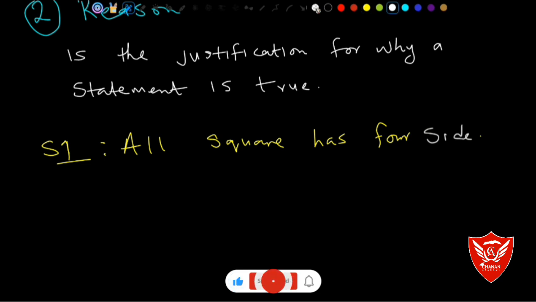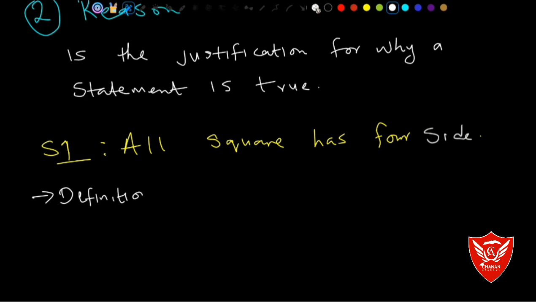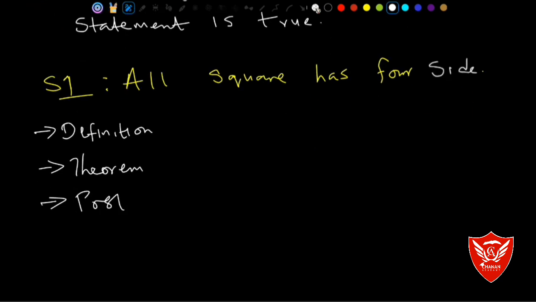Now, there must be a justification. The justification that this statement is correct can either be gotten from a definition, a theorem, a postulate, or a property. Now, for this statement, it says all squares have four sides.